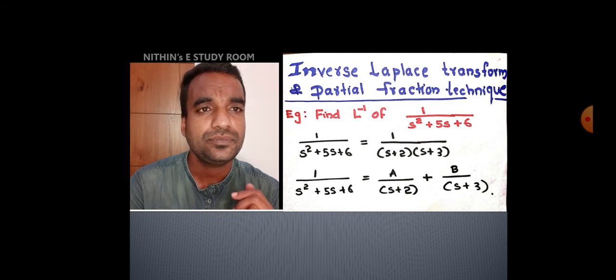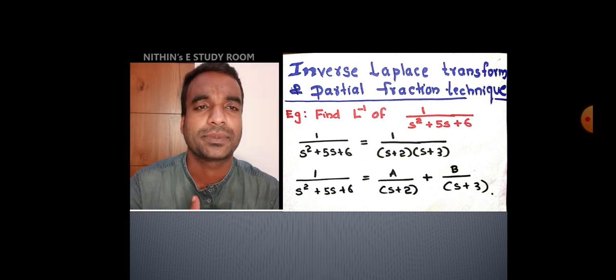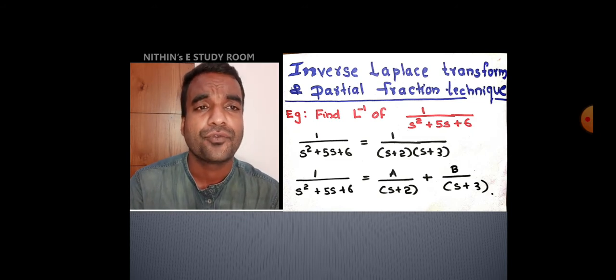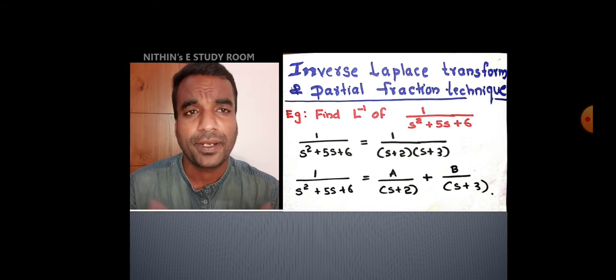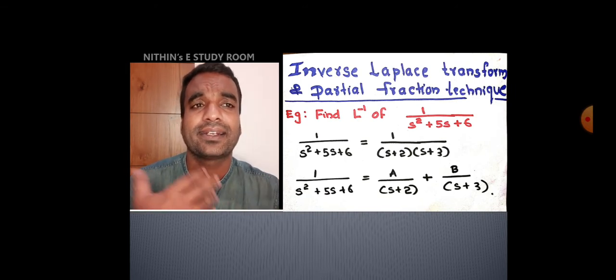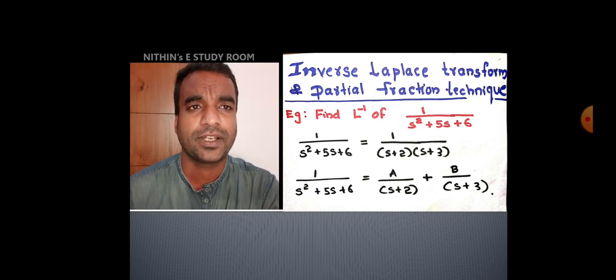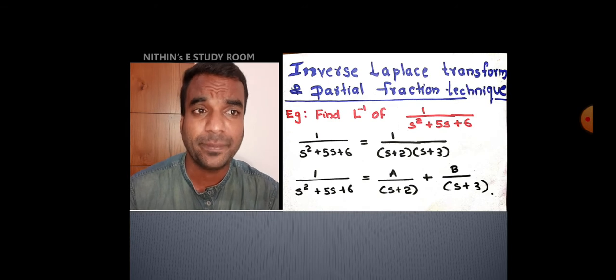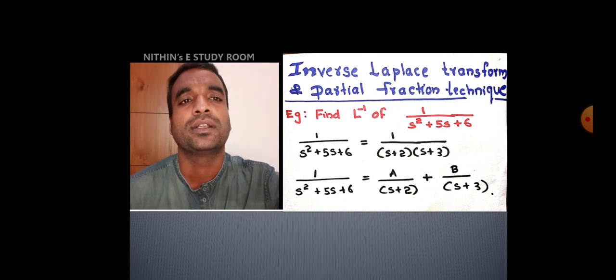So 1 by s square plus 5s plus 6. If you fractionalize it, we will get 1 by (s plus 2) into (s plus 3). By using the partial fraction technique, I can rewrite it as 1 by s square plus 5s plus 6 equal to A by s plus 2 plus B by s plus 3. That is the thing you want to learn.